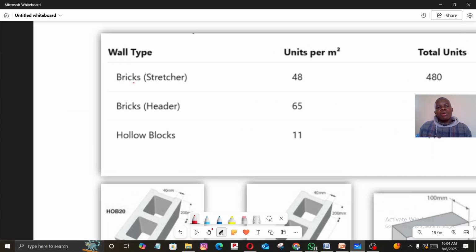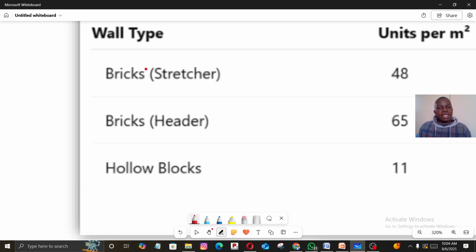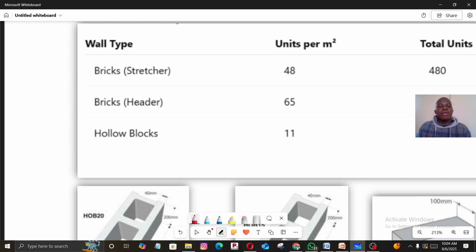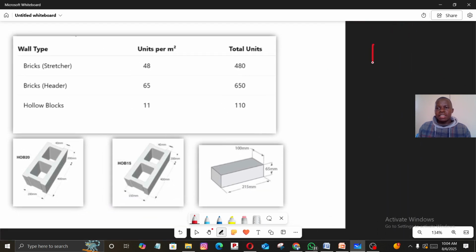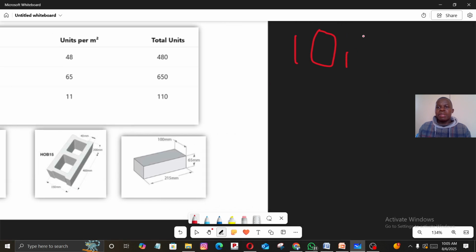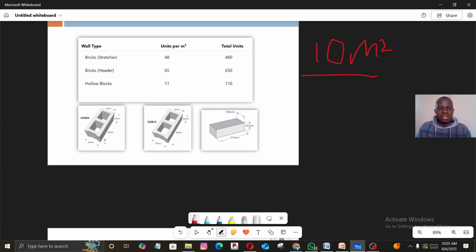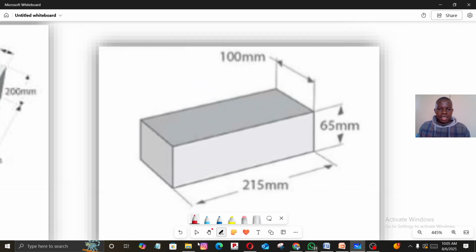So, having noted these, let's continue with our tutorial. When you have a wall of bricks arranged in stretcher bond, like the one I showed you, and an area of 10 square meters, to get the number of bricks we simply take the area of one surface of a brick and divide by it. For stretcher bond, this is the length of the brick, about 200, while the height is about 70.